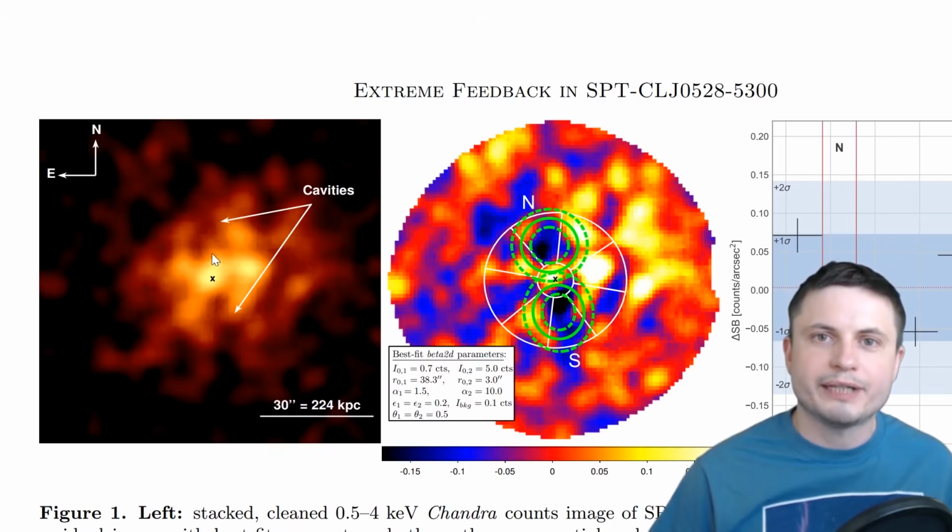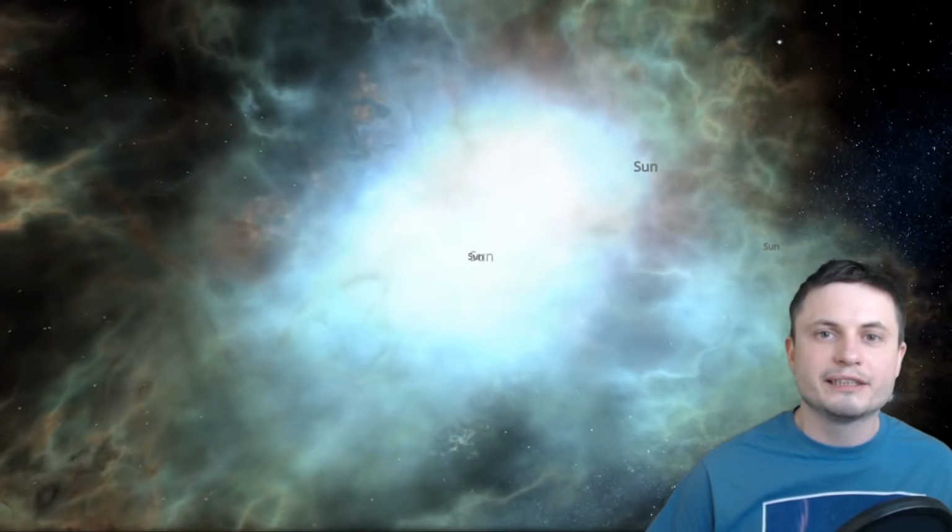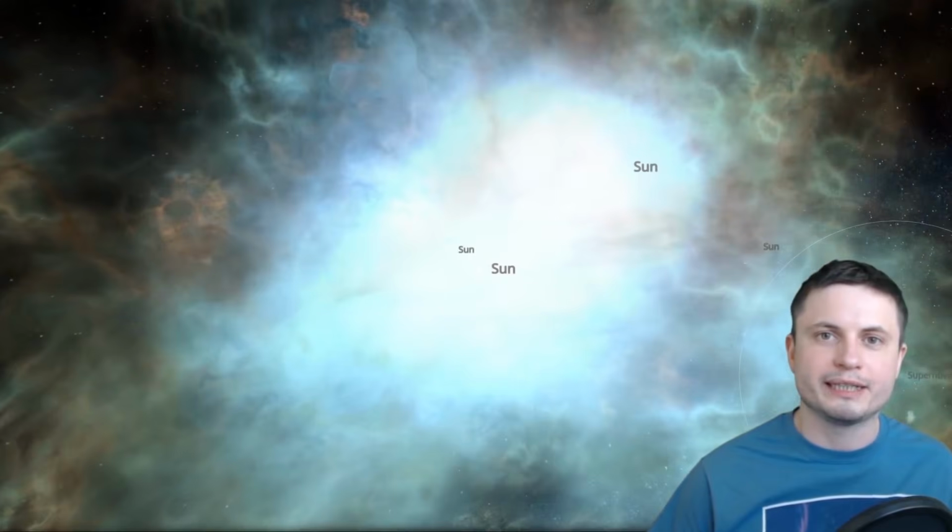By using the precise size of these cavities and trying to determine the actual energy released, they established that the energy was equivalent to about 10 billion supernovae, all happening at the same time. And this is definitely the most powerful event we have seen so far, or at least the effects of which we were able to figure out by looking at the gas cloud.